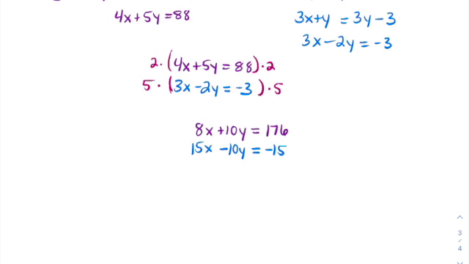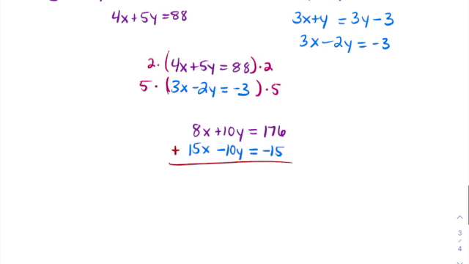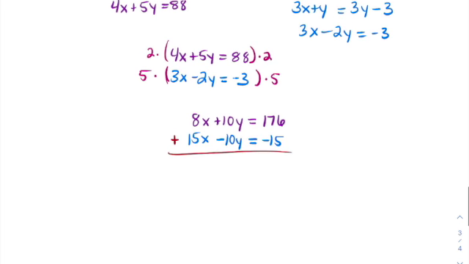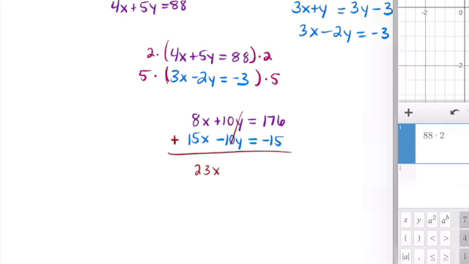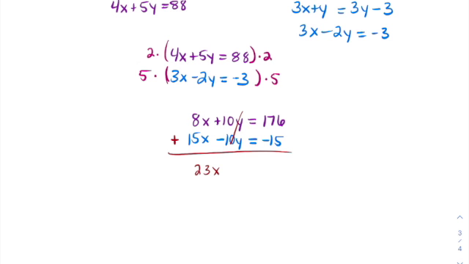Now, if I add these two equations together, which we can do algebraically, the y's will cancel. 8 plus 15 gives me 23x. And then 176 minus 15 is 161.